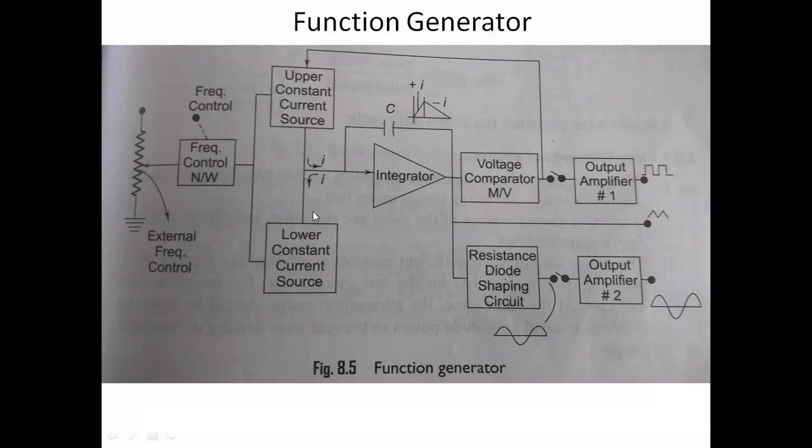In such a situation, the lower constant current source will be disconnected and the upper constant current source will be connected to the integrator. Again the current from the upper current source will be positive, and that positive current flows through the capacitor, and due to that the integrator output is a linearly increasing slope, and the output voltage increases to a particular level.